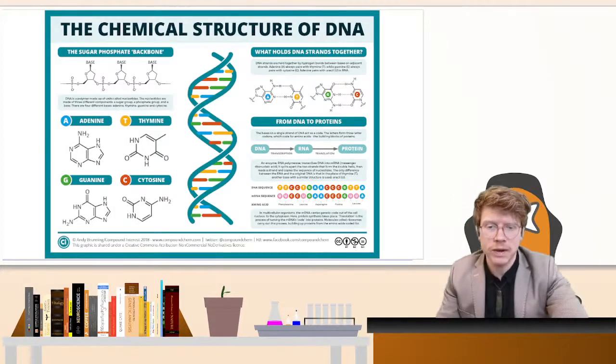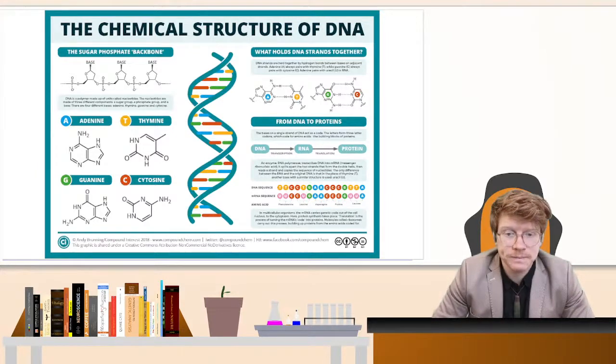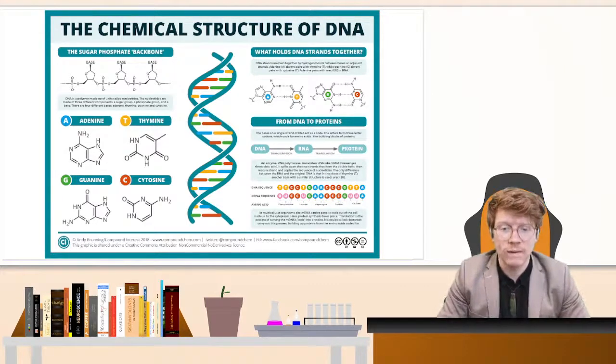So, first things first, the structure of DNA. So at this level, you might be asked to do a little diagram of DNA. The things you would need to include in your diagram are the parts of the backbone, and that is your phosphate group, right? Followed by the nucleotide, right?